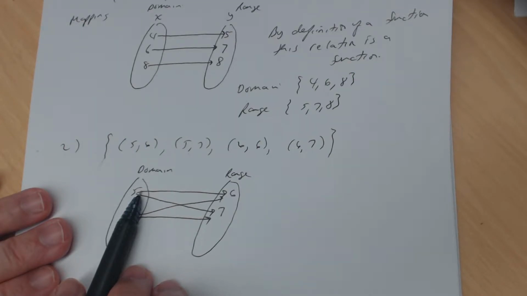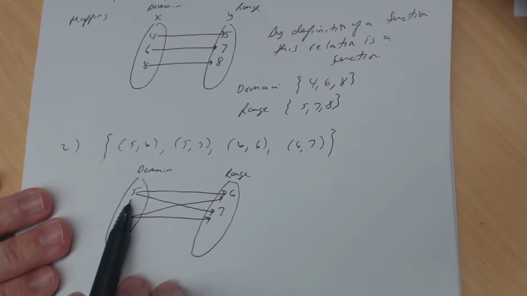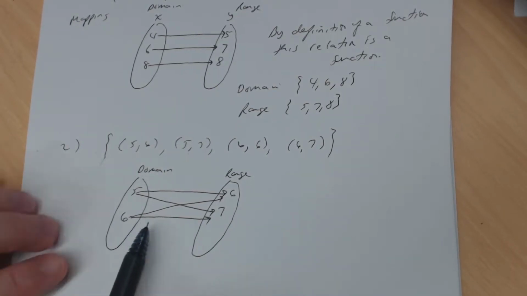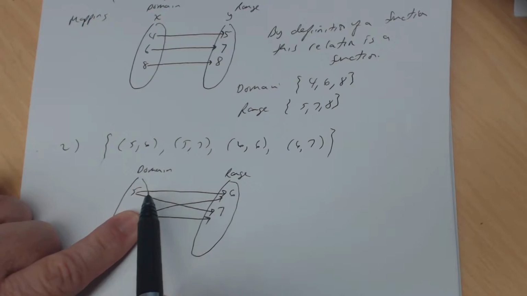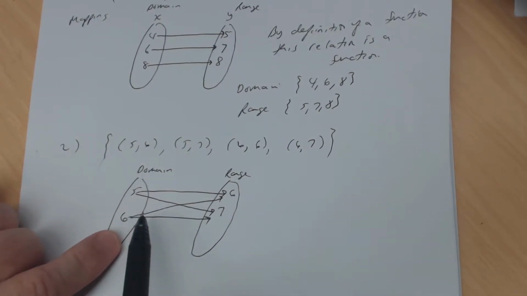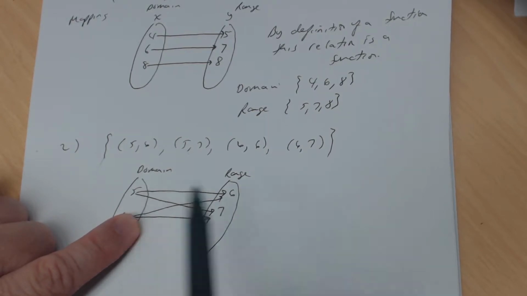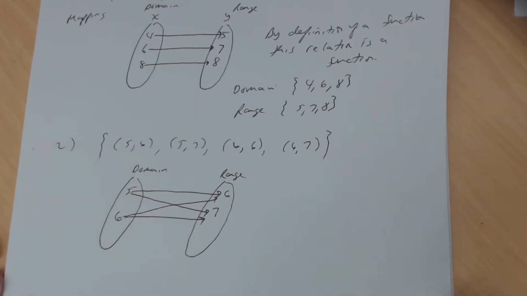The answer is no, because it is assigned two y values. When x is 5, I get a 6, and when x is 5, I also get a 7. The 6 as well, but you didn't have to look at the 6 right away. This is not a function because of this 5 right here, and also the 6. But all you have to do is look at one of them. If one of them fails, then it's not a function.